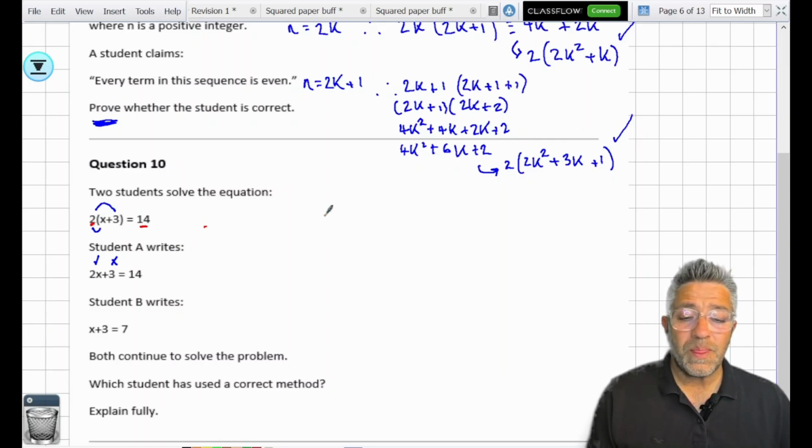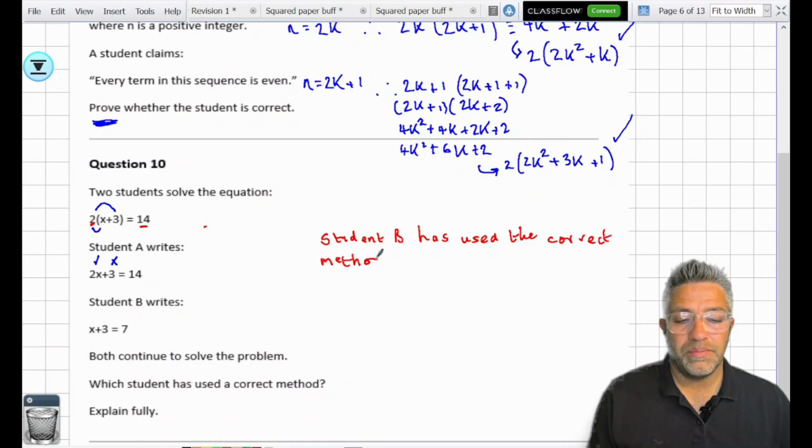So, which student has used the correct method? Make sure we answer the question. Student B has used the correct method. Explain fully.